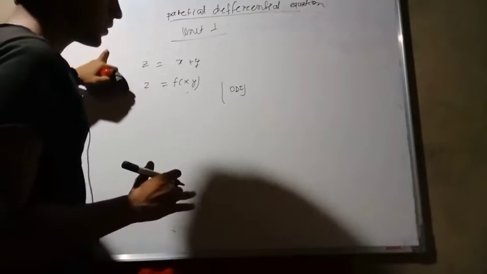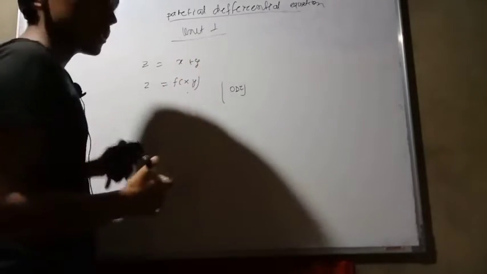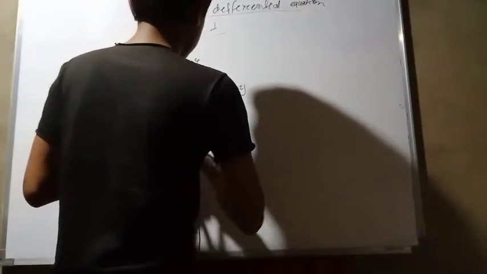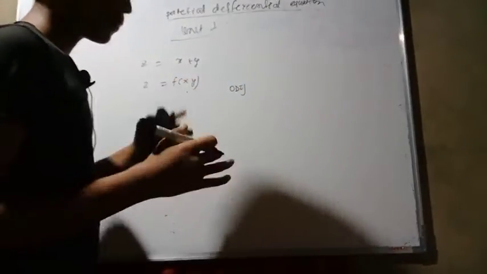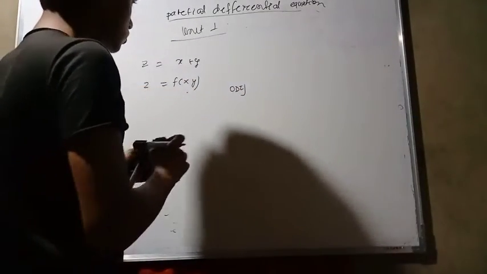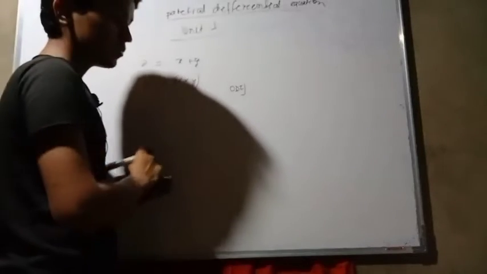When partial derivatives occur, we can say that this is a partial differential equation.